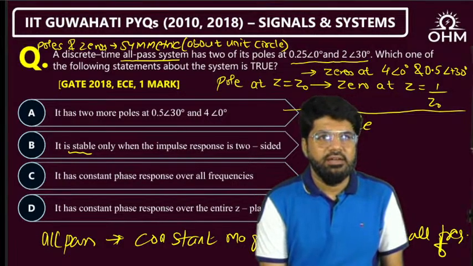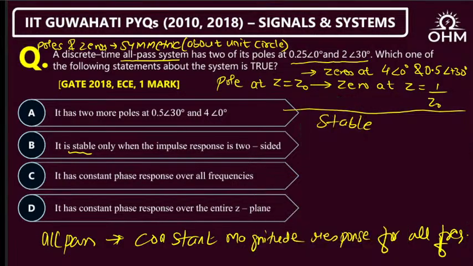It is going to be stable, as I just explained, if the ROC includes the unit circle. So what should be the ROC? The magnitudes of the poles are 0.25 and 2.